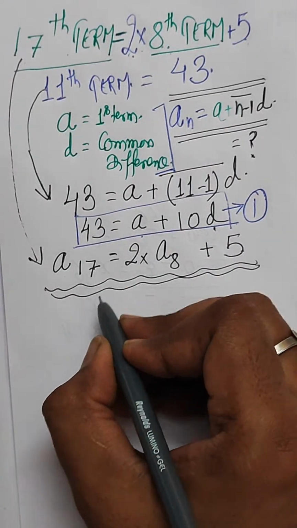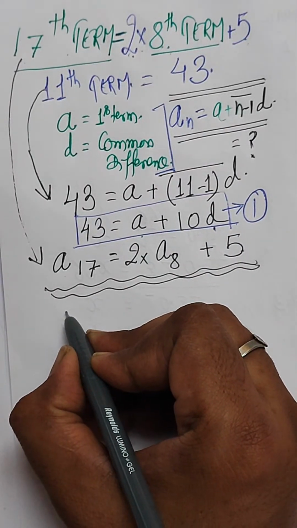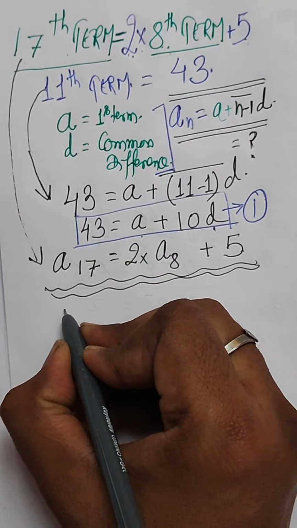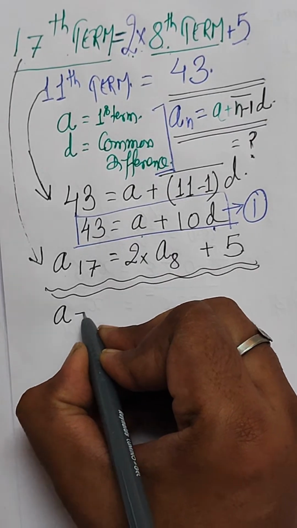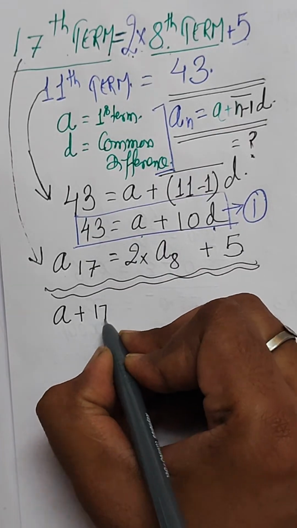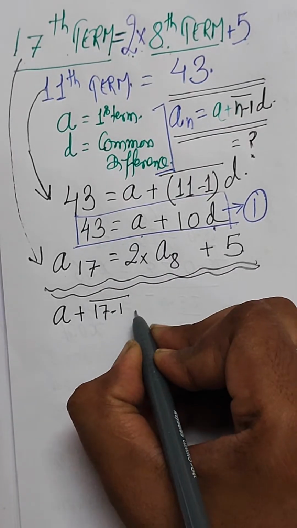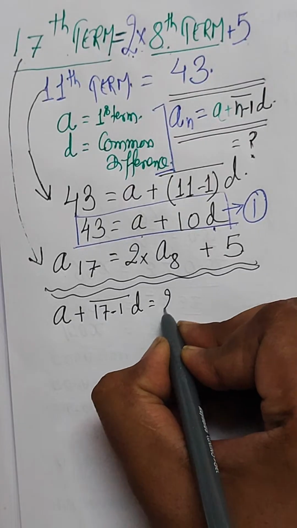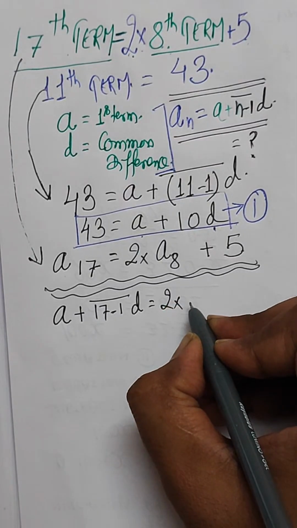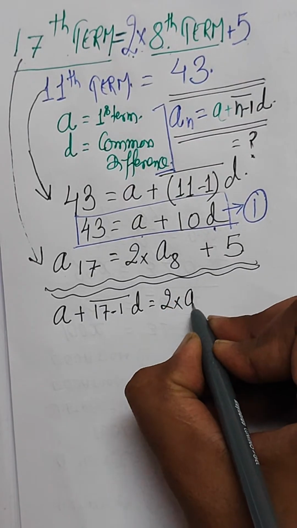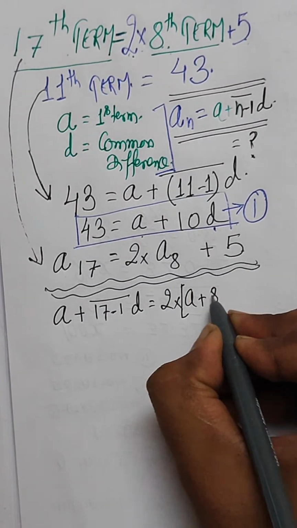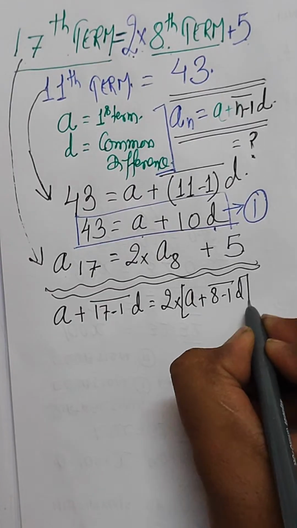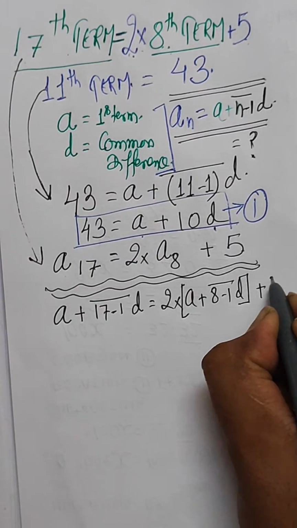So here, putting in the value of the 17th term, this will be A plus (n minus 1) into D. A is just as it is, a variable for now, plus (17 minus 1) into D is equal to 2 times A8, the 8th term. The 8th term is A plus (8 minus 1) into D, plus 5.